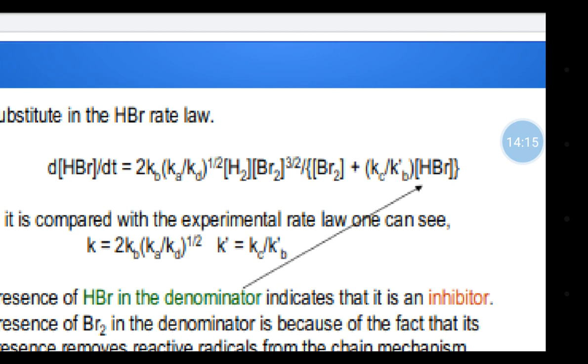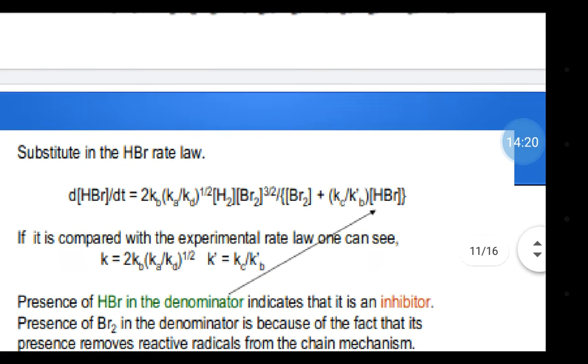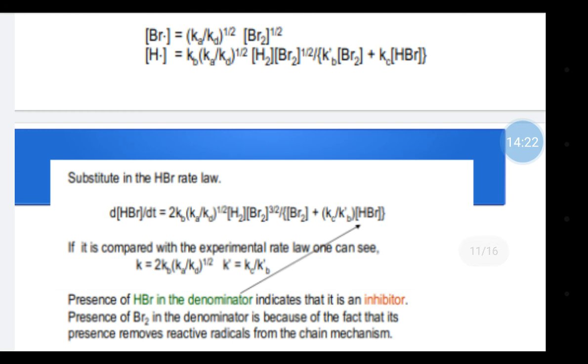This is the equation that you should get. Derive it properly, carefully, without making any mistakes. Then finally you will arrive here.